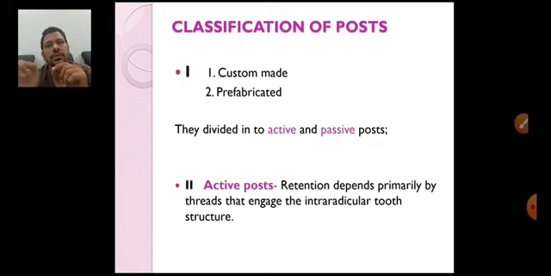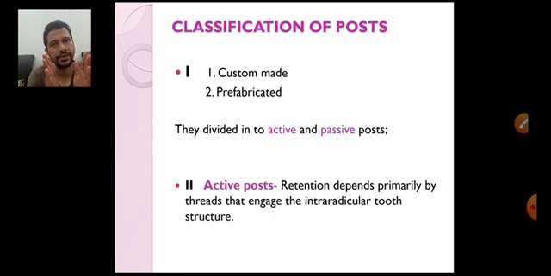As the post goes inside, it exerts a certain amount of pressure.